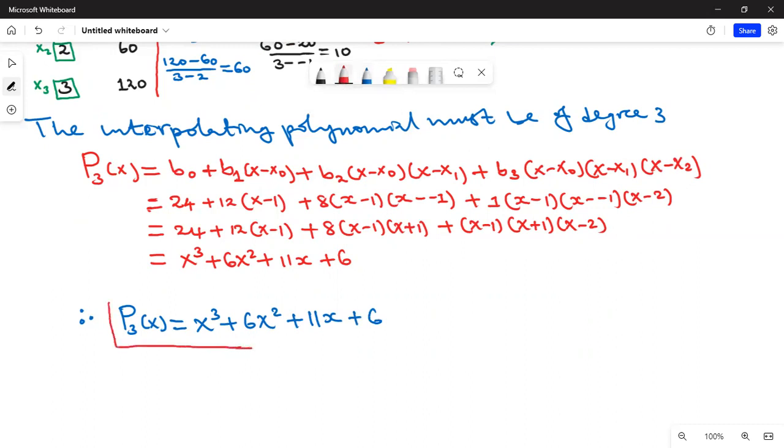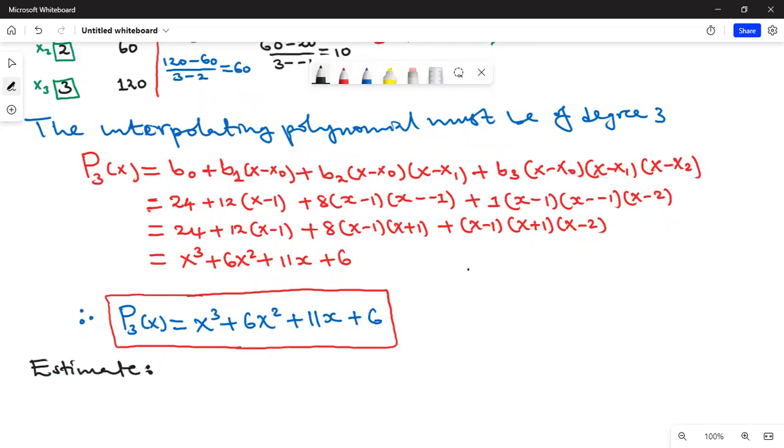Our interpolating polynomial of degree 3. Now let's use this polynomial to answer those questions. The first one, we need to estimate number 1, f of 0.